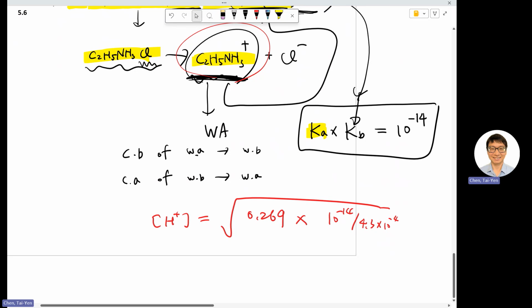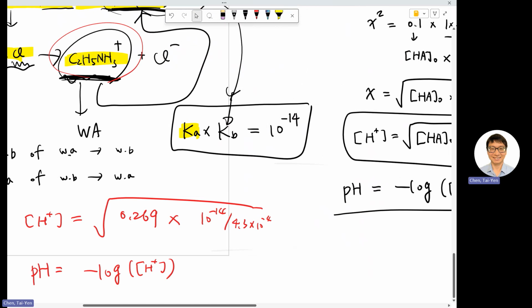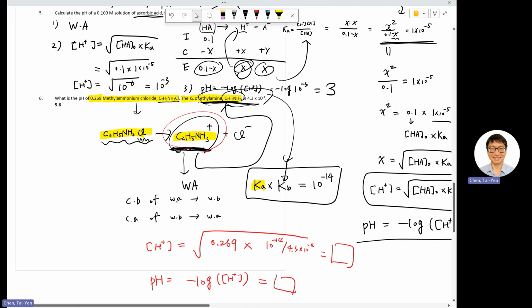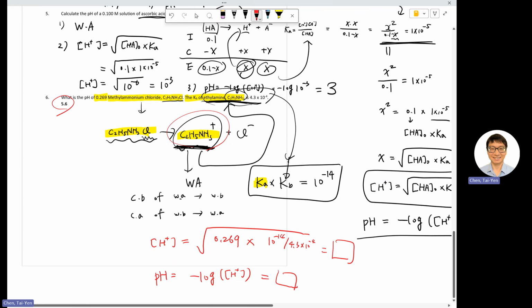It's a very easy calculation. Once you know the proton concentration, the pH simply equals the negative log of this proton concentration. If you have your calculators, calculate this, but I believe the final answer will be 5.6.